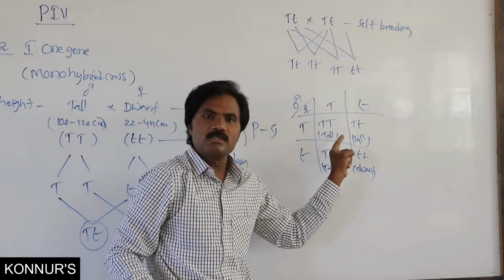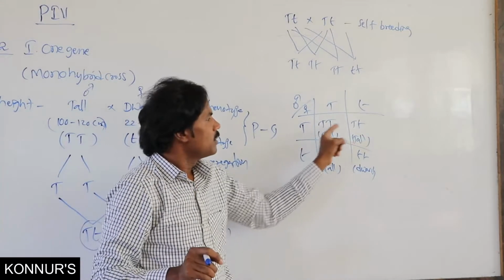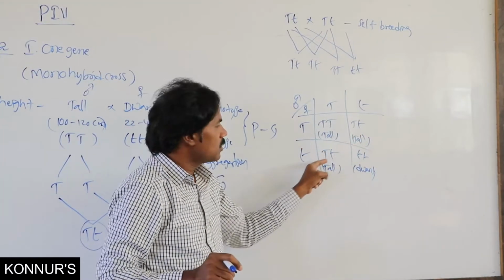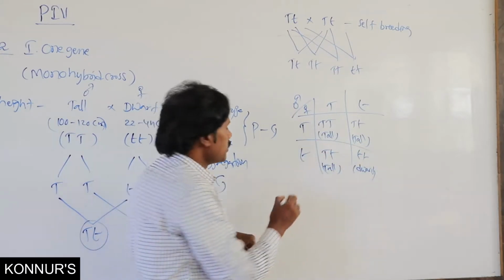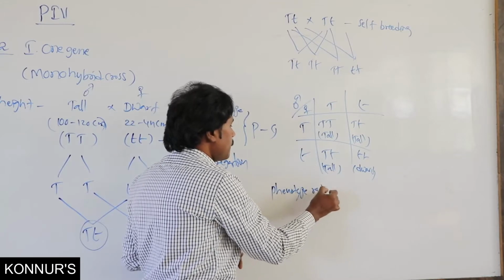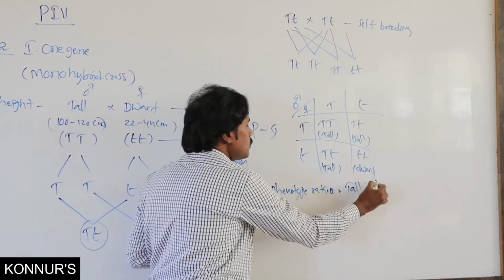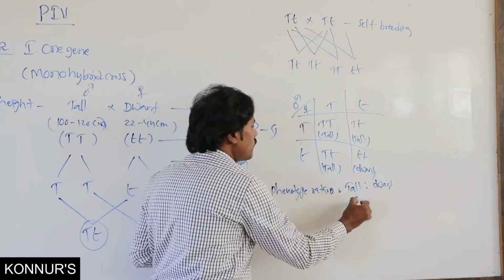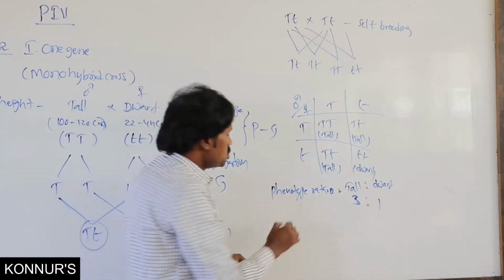Here, homozygous represents a pure breed, pure tall. This is heterozygous tall. This is homozygous dwarf. What is the phenotypic ratio? That is tall and dwarf, totally 3:1. What is the genotype ratio?